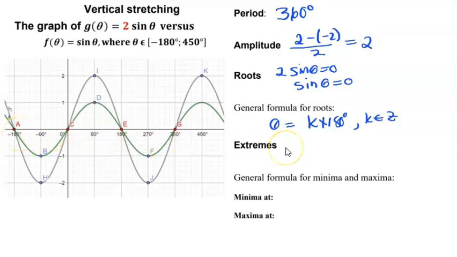The extremes, they are y values. We have our minima at -2 at H and at J, and both of them are -2, so the minima is -2 and the maxima are y equal to +2.